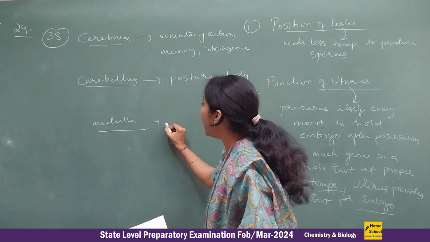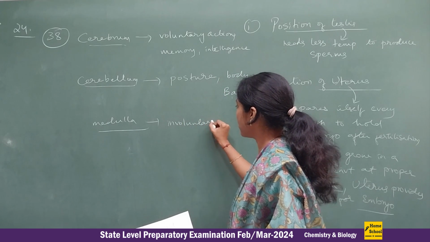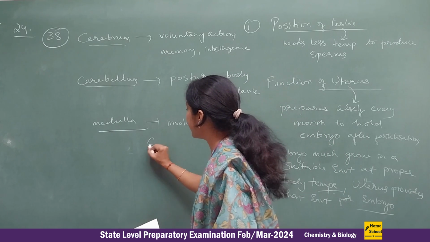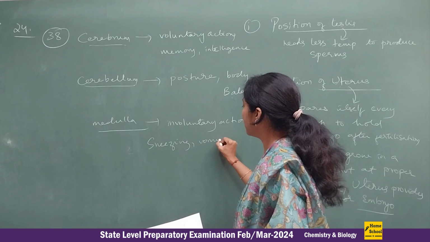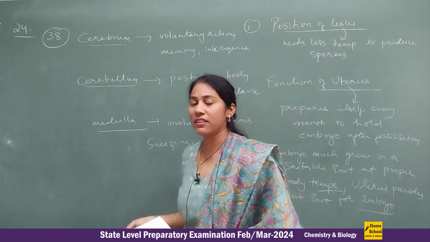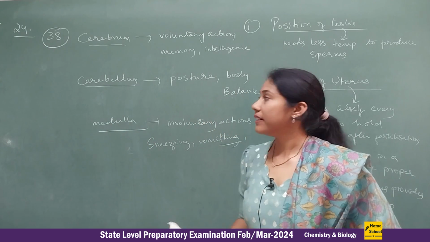And whereas medulla, it can control the involuntary actions, right? It will control involuntary actions like sneezing, right? Vomiting, digestion, respiration, and all of them can be controlled by medulla, right?